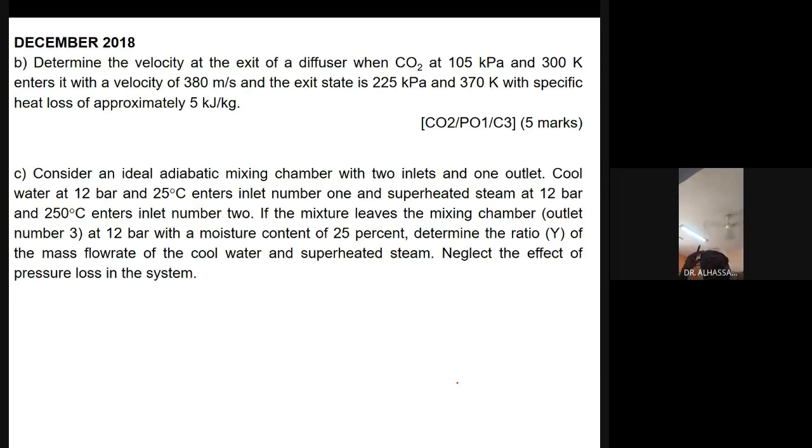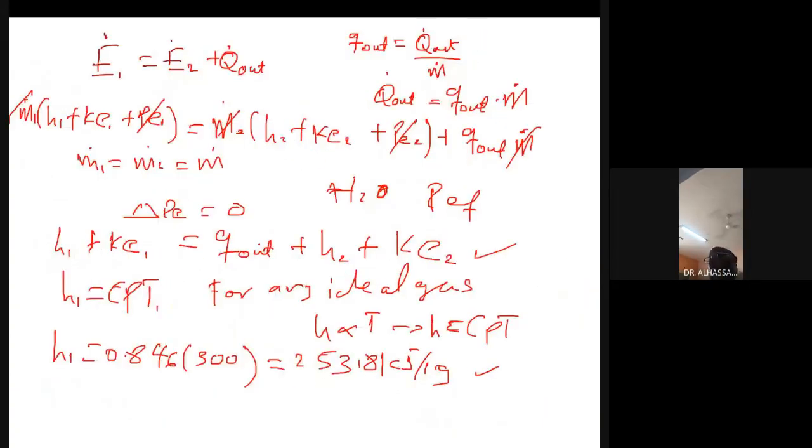If the mixture leaves the mixing chamber outlet at 12 bar with moisture content of 25%, determine the ratio of the mass flow rate of the cold water and superheated steam, neglecting the effect of pressure loss.